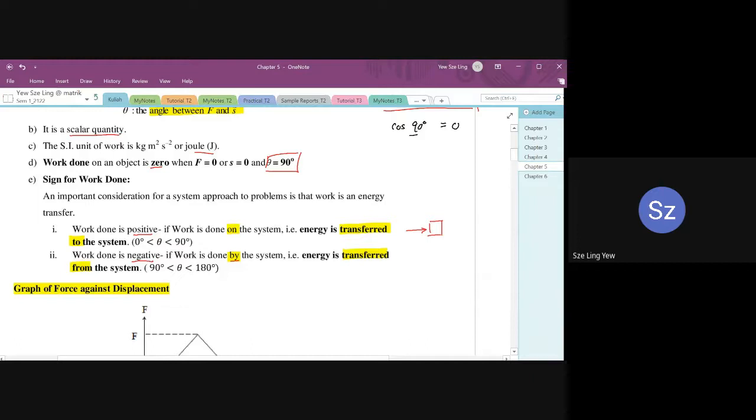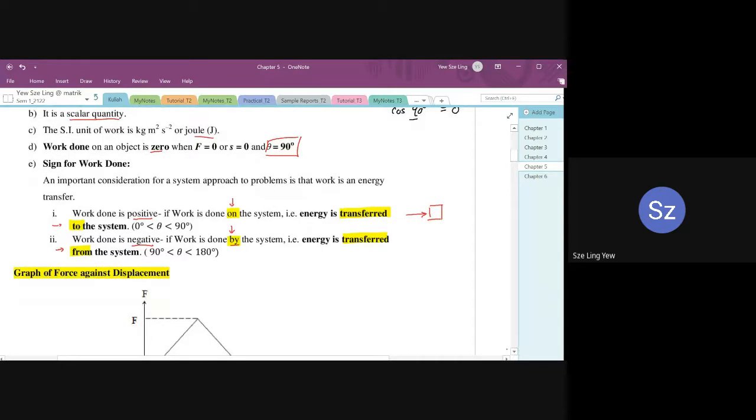All right, so if you're not given the angles, then you have to look for the keywords, to see whether the work is done on the system or it is done by the system, whether it is transferred into the system or transferred out from the system. So these are the keywords that we use to distinguish whether the work given is positive or negative.